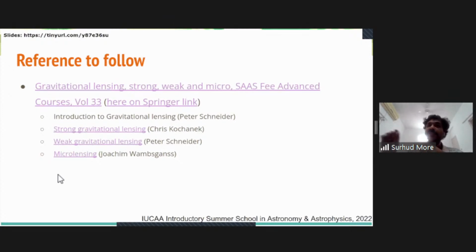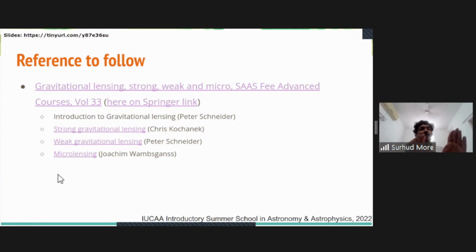Then you just see one image, but because there are multiple images, the brightness of that image is much larger than the original brightness of the source. The flux coming from those images summed over in total will be much larger than the flux coming from the original source. That is what microlensing is.